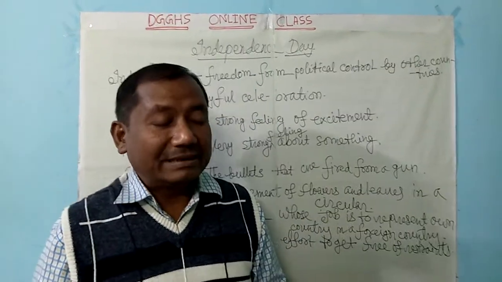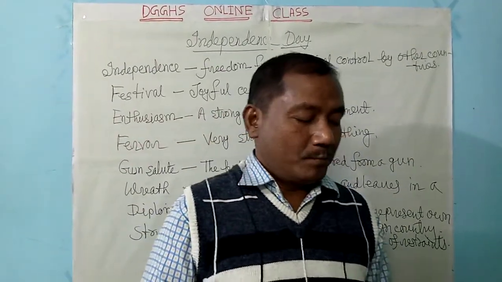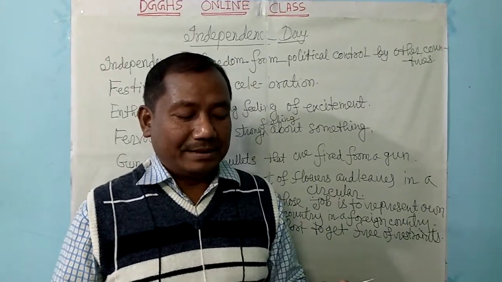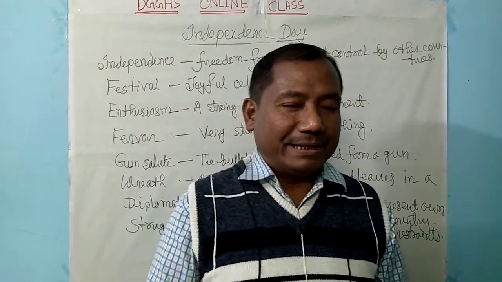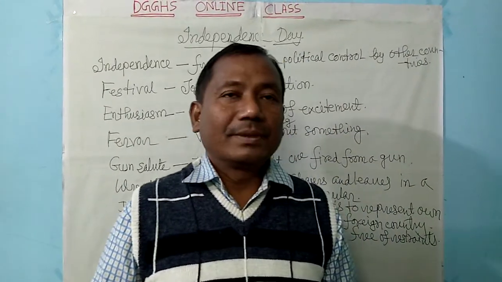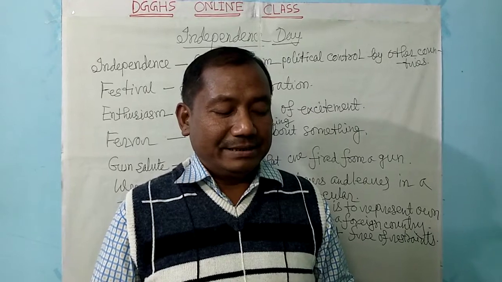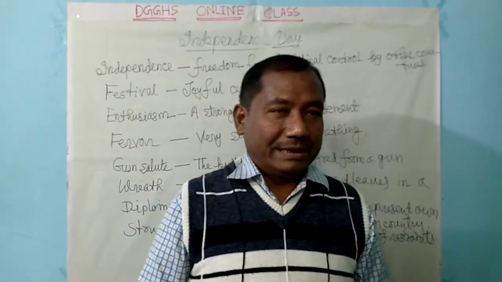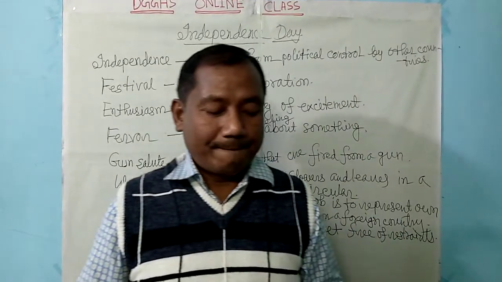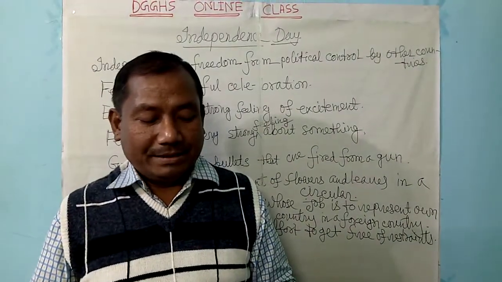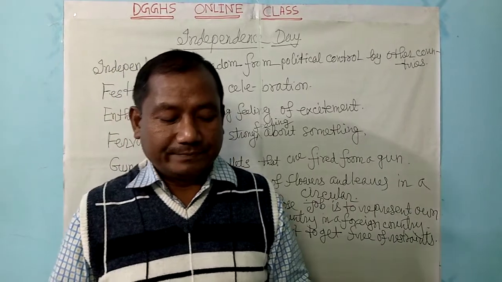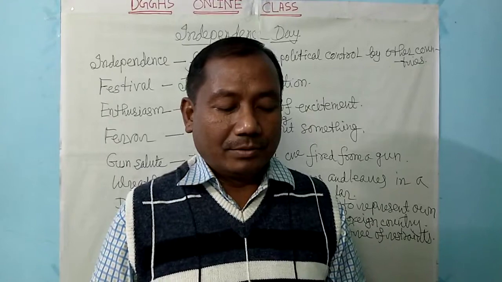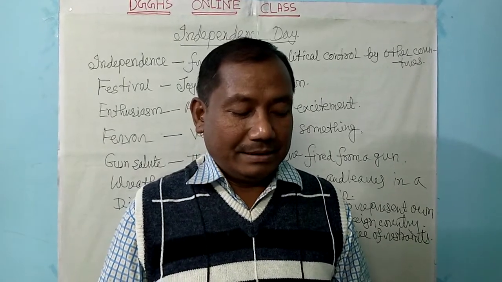Now, the last one. On Independence Day, a national parade is held. Number A, at the National Parade Ground, in the streets, in the decorated vehicles, in Bangabandhu Stadium.